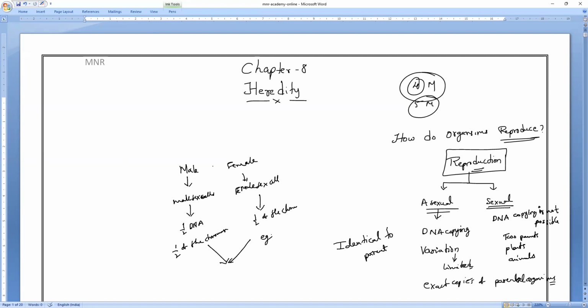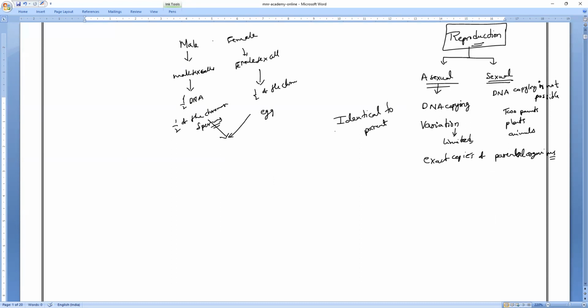Means the egg and sperm will fertilize each other. So they will undergo fusion and fertilization, so that they will form a fertilized egg. What do we call that, guys? Everybody? Zygote.